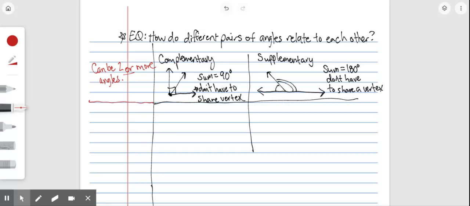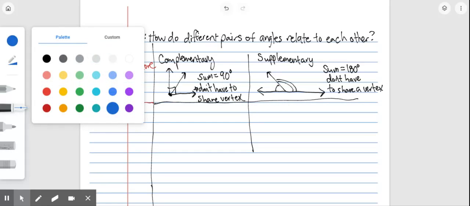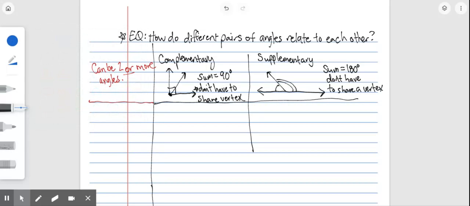Okay. The next type of angle relationship is linear pairs. A linear pair is 2 angles that create a line, which means that they sum to 180 degrees.